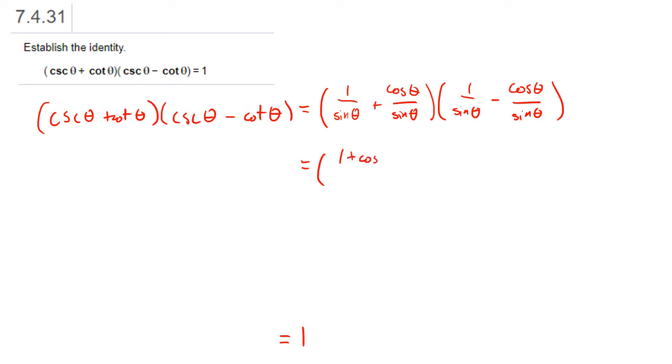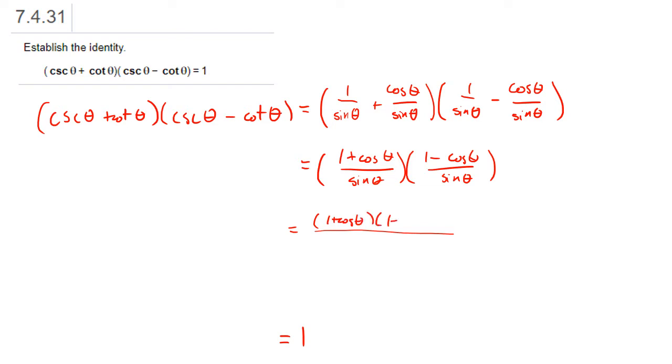So this is 1 plus cos theta over sine theta, and here I have 1 minus cos theta over sine theta. Now I've got 2 fractions that I'm multiplying together, so I can make this one fraction of 1 plus cosine theta times 1 minus cos theta, and the denominator is just sine squared theta.